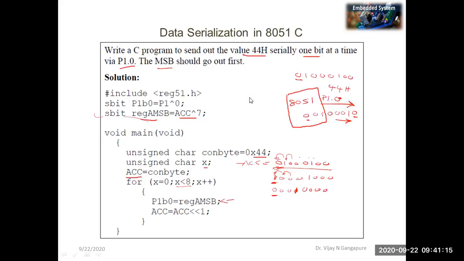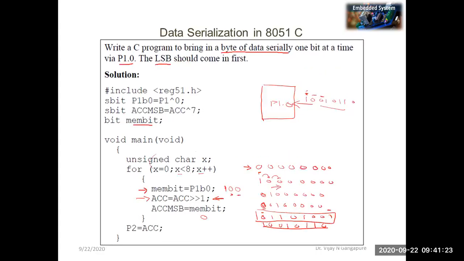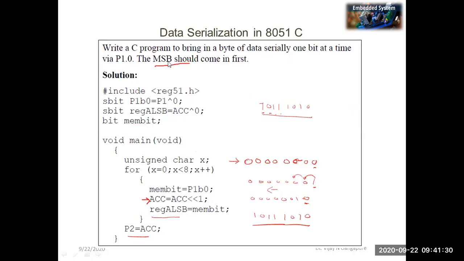So see the difference between these two programs. These two transmit data serially, and these two programs receive data serially. In the first program the lsb is being inputted first, and in the second program the msb is being inputted first.